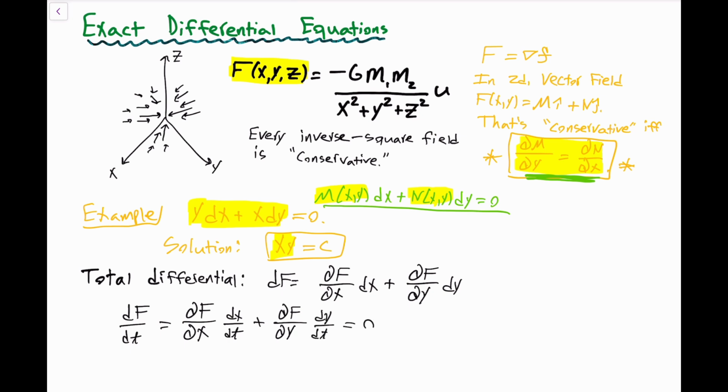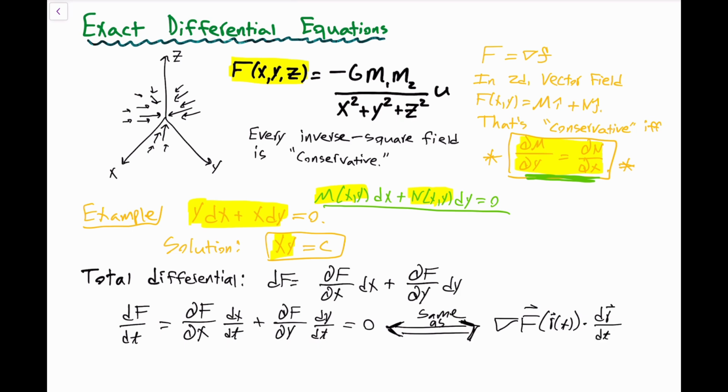Now, if we know that it's equal to 0, that's going to be the same thing as the gradient of f of, let's just say, r of t, dot dr/dt.